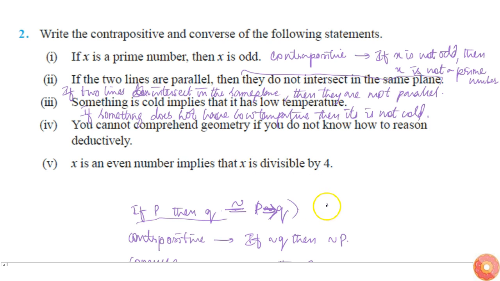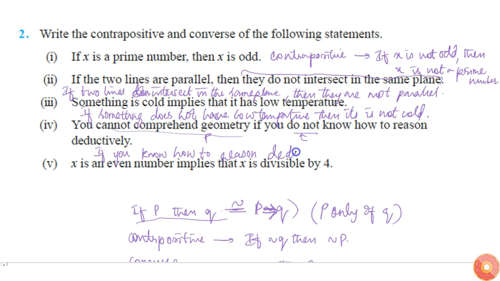This is in the form of P only if Q, which is also the same as P implies Q. So you cannot comprehend geometry is P, and you do not know how to reason deductively is Q. For this I can write: if you know how to reason deductively, then you can comprehend geometry.